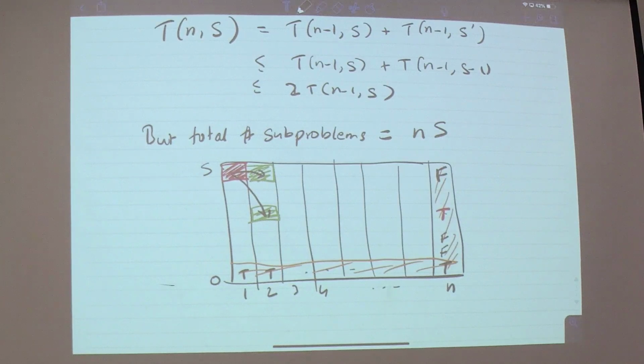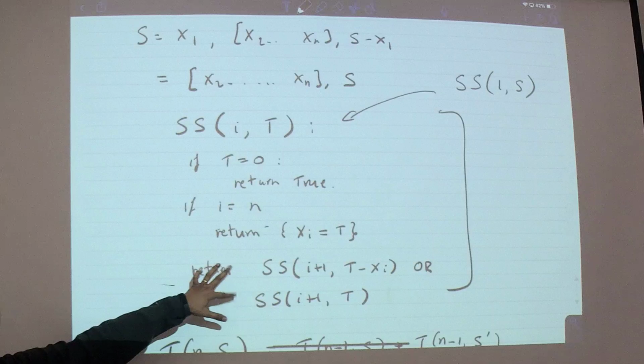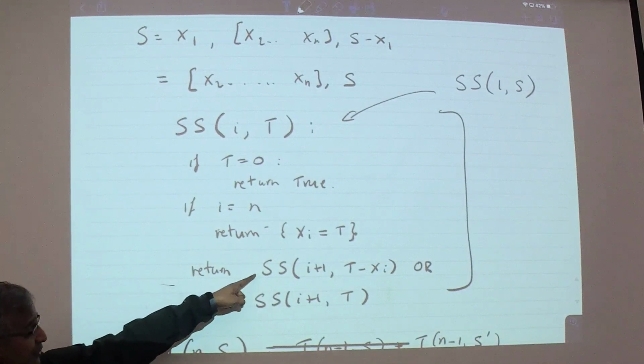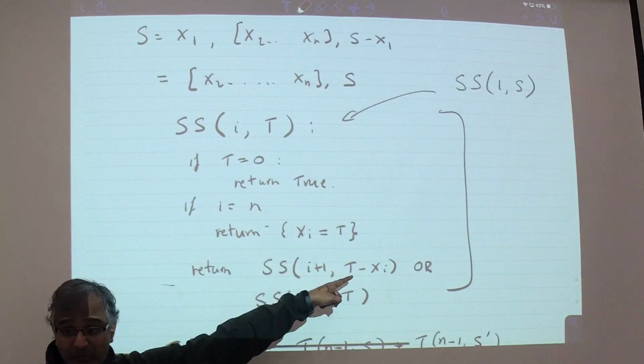We didn't mention in great detail how you actually reconstruct the solution, but I think it should be fairly clear from here. If you look at the algorithm, let me scroll back to the algorithm here, the algorithm as written is just doing a Boolean combination of things. But you can think of the algorithm as basically saying, look, if this is true, then I've picked xi to be in my current idea for what the solution should look like.